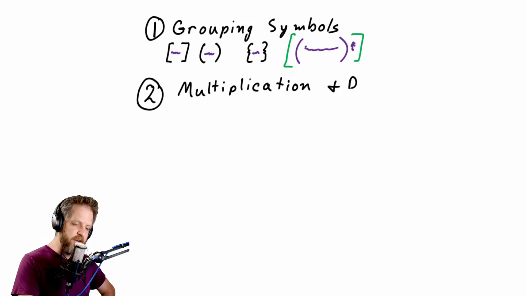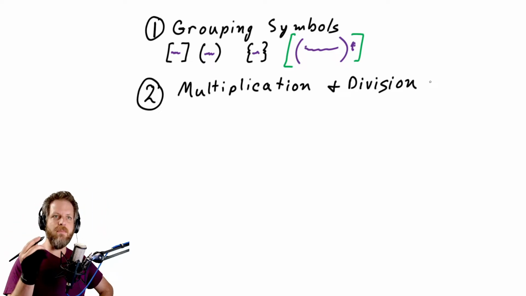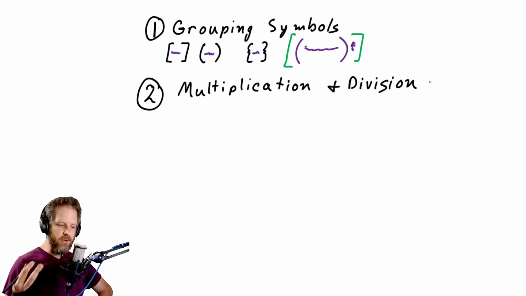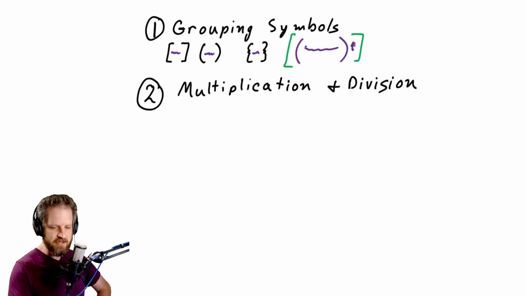If you learned order of operations before, and you learned PEMDAS, you might think that you do multiplication and then you do division. Well, that's not quite correct. Multiplication and division are, in fact, on the same step.